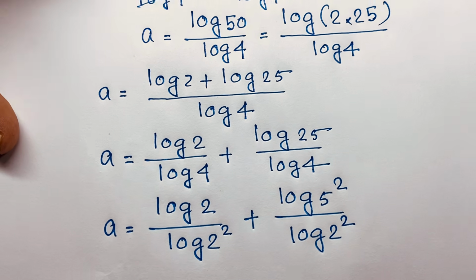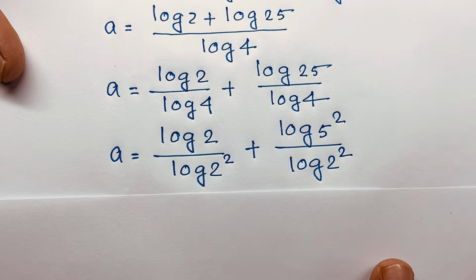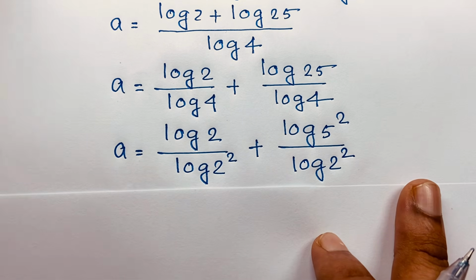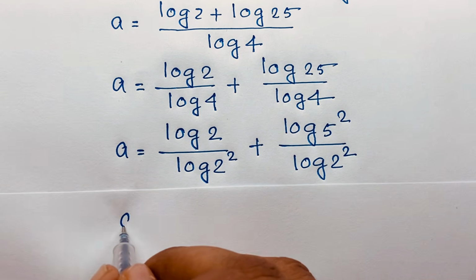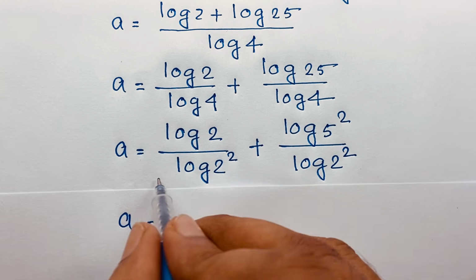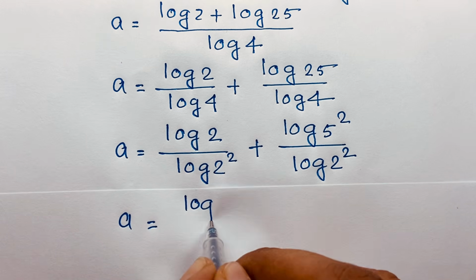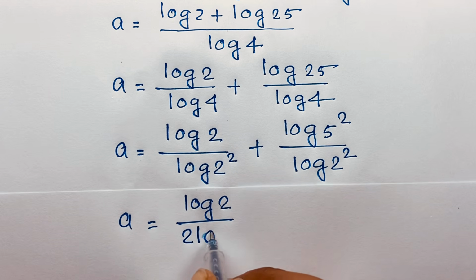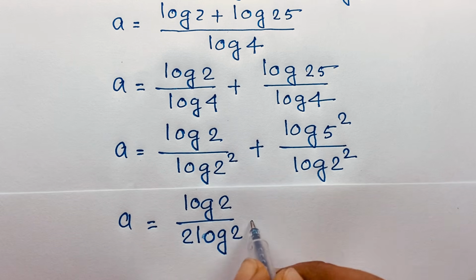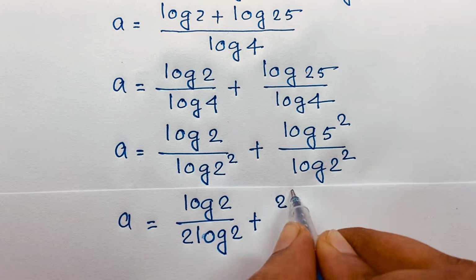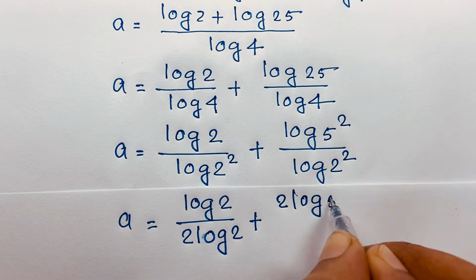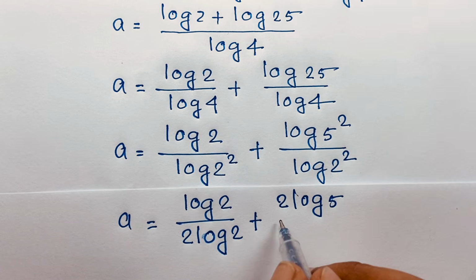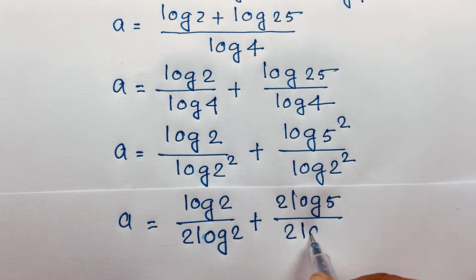Then this expression will be a is equal to, these two move in front, so it will be log 2 over 2 log 2 plus 2 log 5, this exponent moves in front, and this is 2 log 2.